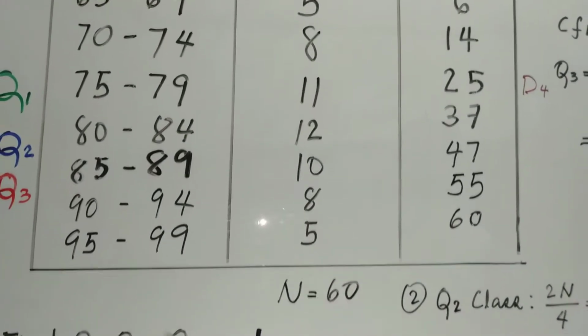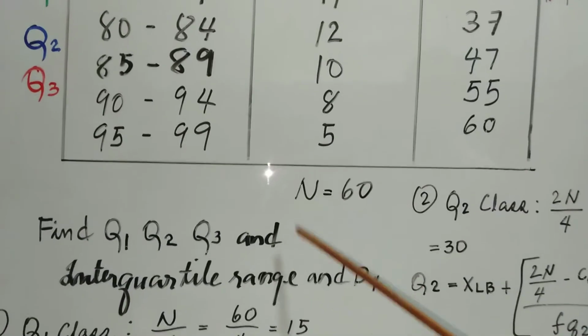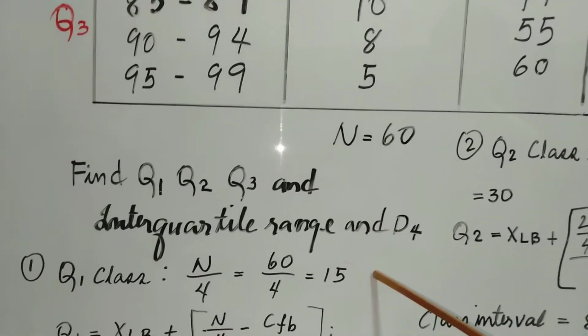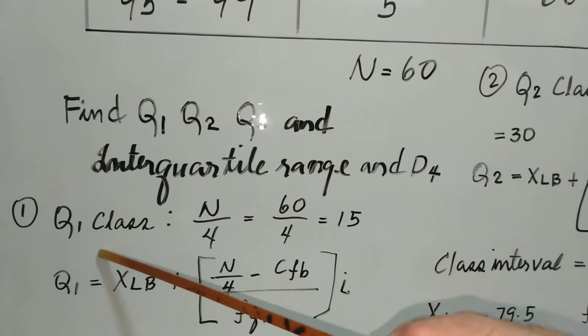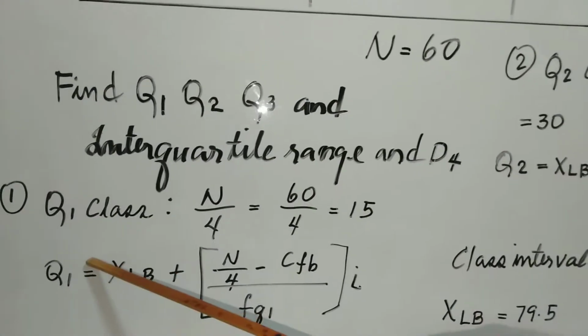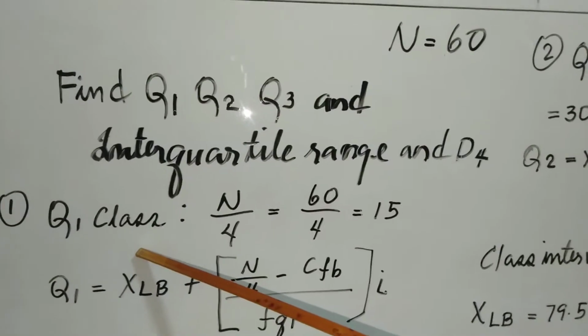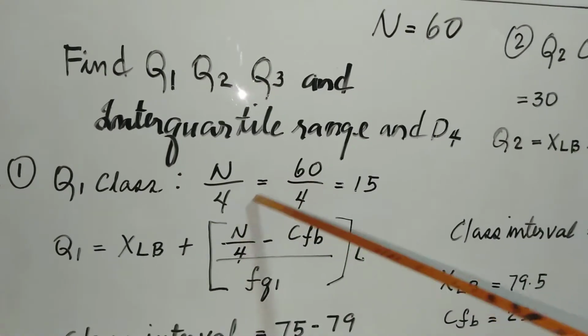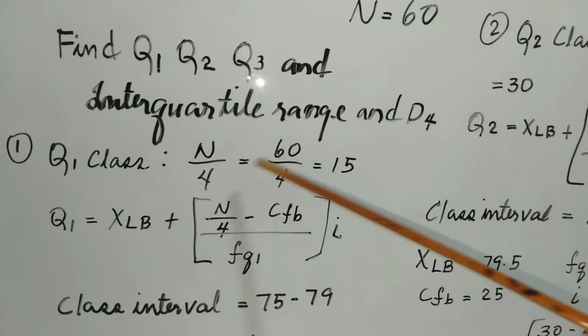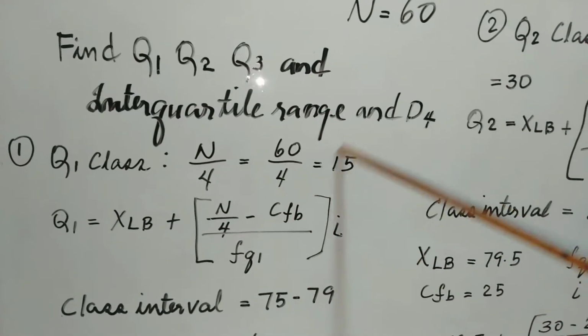Since we are asked to find the first quartile, always remember the word quarter, the 1/4 of the given data. So 1/4 of the total frequency, which is 60, divided by 4, will be 15.